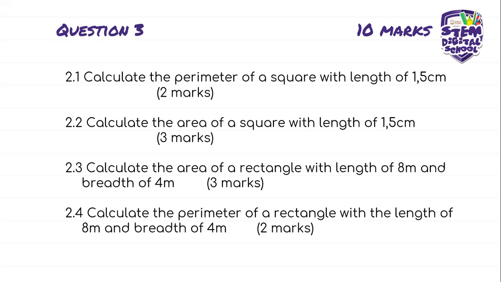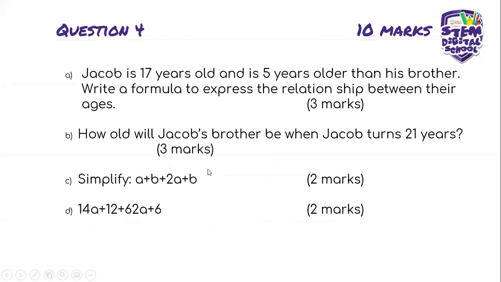So definitely we have up to now been able to look at this particular work in relation to the work that we wrote yesterday. I'm just going to zoom into the 4th one now, where I also gave you some multiple choice, but I want us to look at this particular question. Jacob is 17 years old and is 5 years older than his brother.